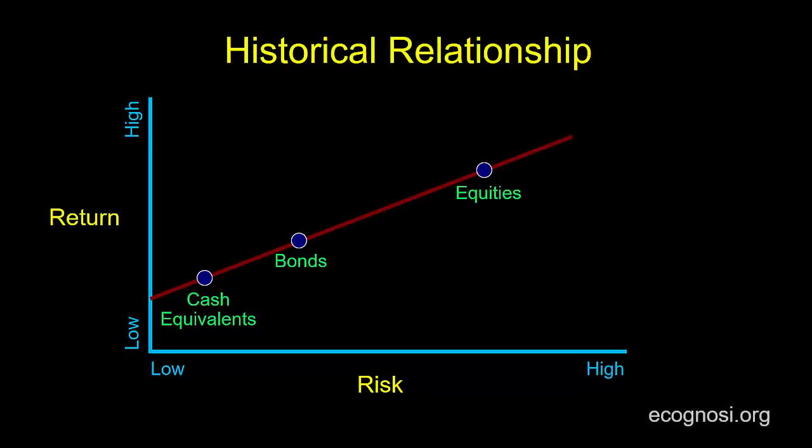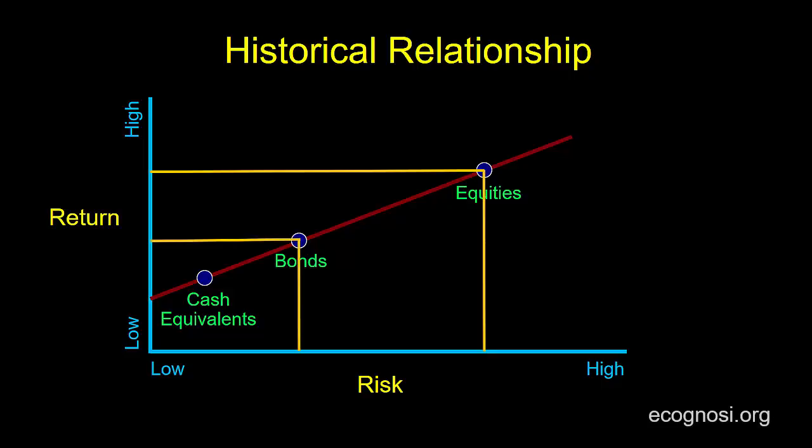Over here, you can graphically see what I previously mentioned. That is that among the three asset classes, equities have historically been associated with the highest risk, but also the highest return. Bonds fall somewhere in between equities and cash equivalents in the risk-return spectrum. And finally, cash equivalents are associated with the lowest risk and return.